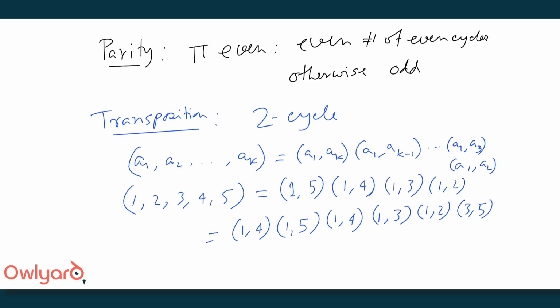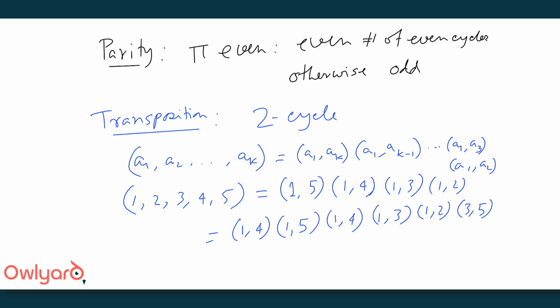So check if this expression is correct, but this is something you should get. So this is of course not unique. Cycle decomposition is unique, but decomposing an arbitrary cycle into the product of transpositions is not necessarily unique.